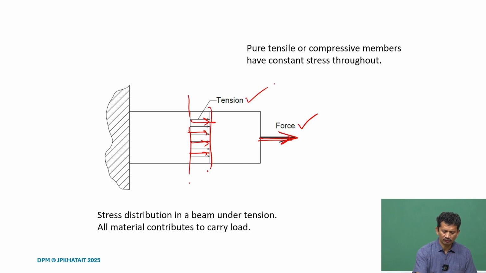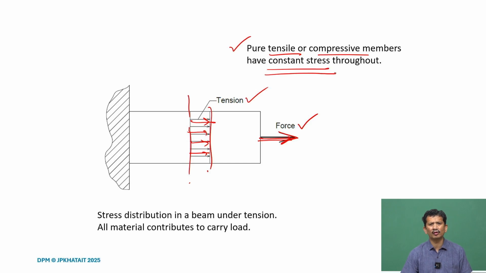In both cases, whether tension or compression, there will be constant stress throughout the section. Therefore, in terms of material usage, every section is participating and taking the load. It is shared by each and every section of the component.